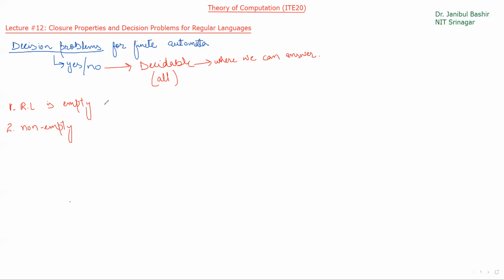So regular language is empty, or we can say whether finite automata accepts no string. No string means its language is empty. So regular language is non-empty means if we have a finite automata, can we say whether that finite automata accepts at least one string.